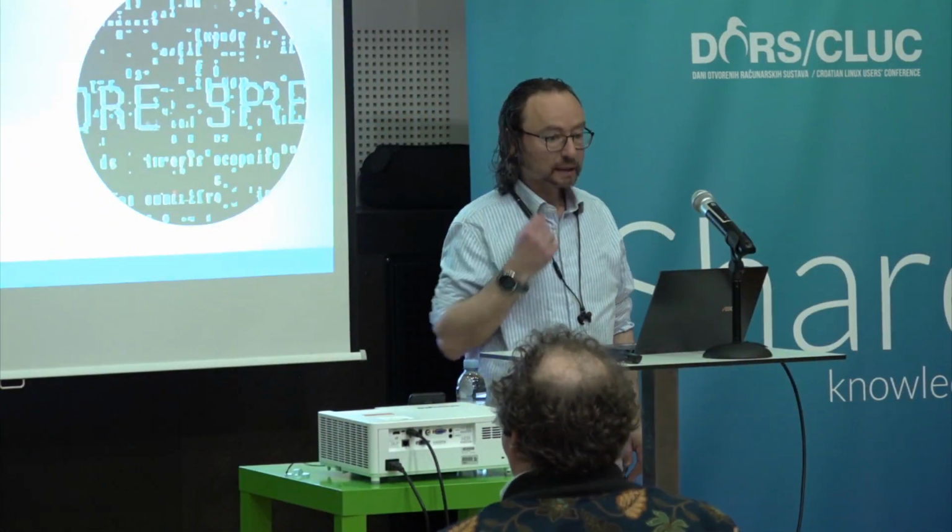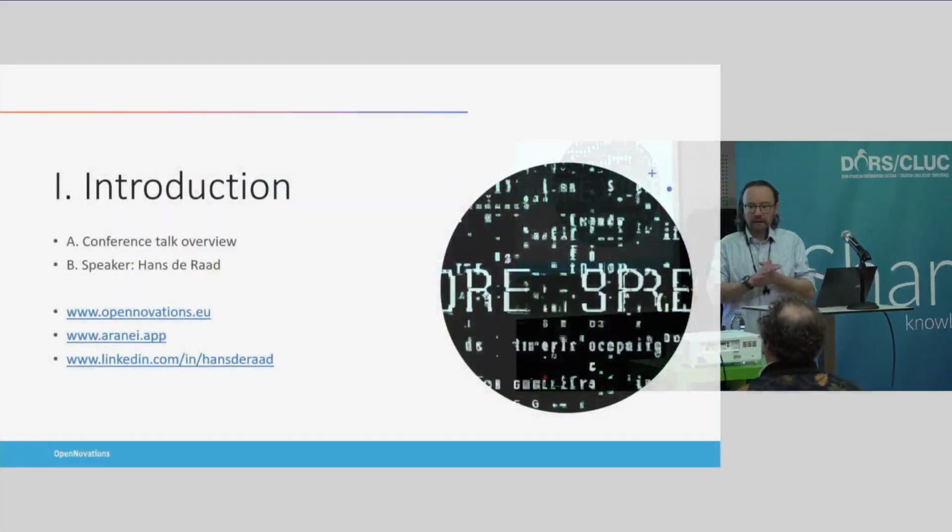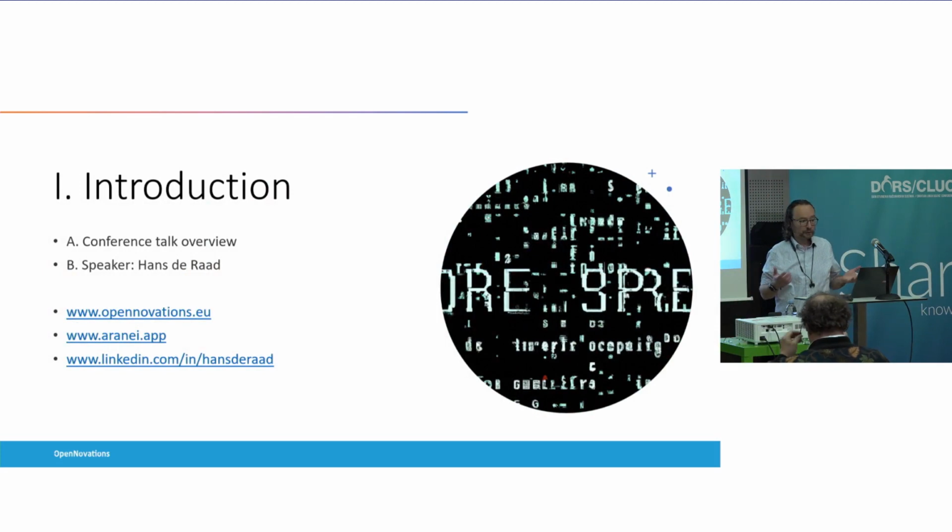So, generative AI and open innovations, what do they have in common? First of all, Open Innovations is my own company. I've been running it for about 22 years now. We mainly focus on highly regulated industries like pharmaceutical, healthcare, government. We do data processing, data analysis, AI augmented medical imaging analysis.